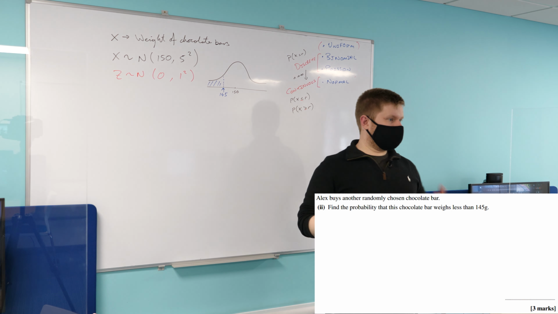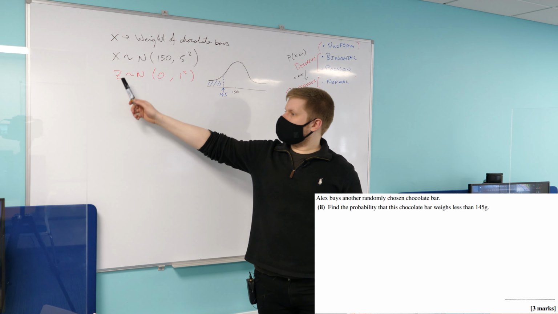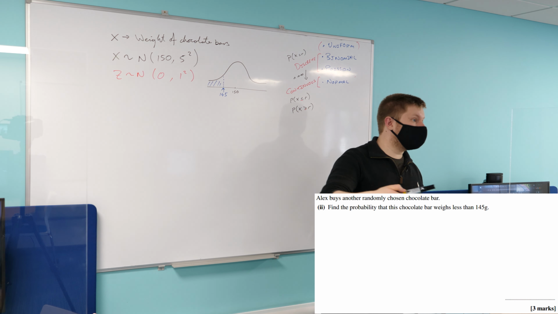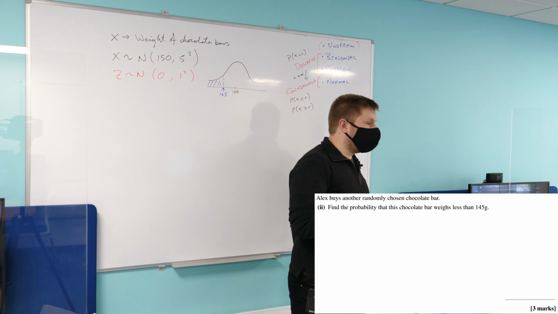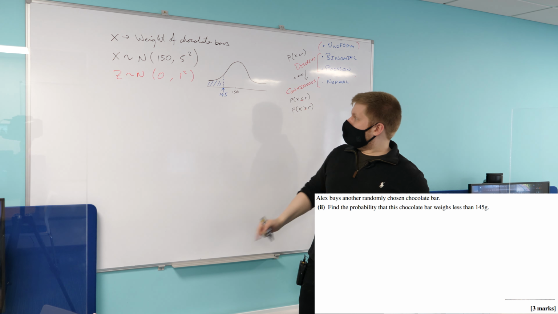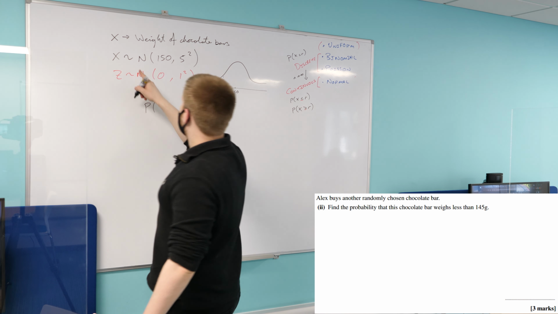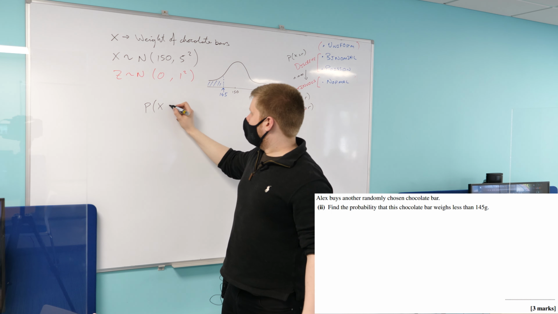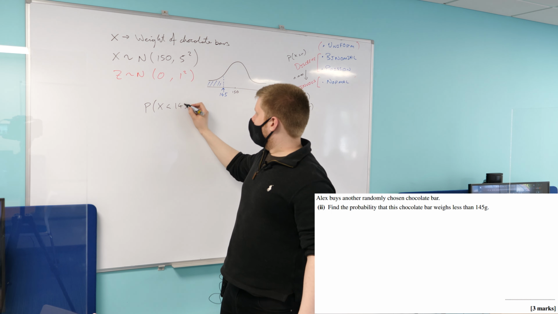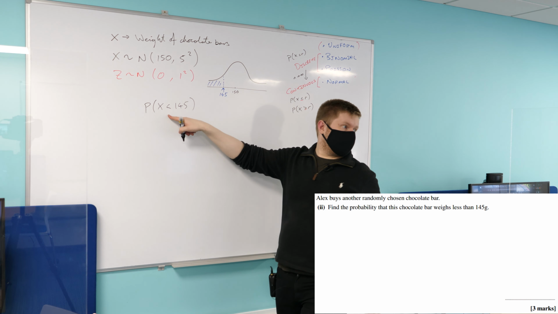So that's how we change it, and we call that process of taking this distribution to this distribution standardizing. The reason being is because there are tables that we can use to figure out what those values are, okay? So if we want to find the probability that our randomly chosen chocolate bar, which is following this distribution, so X, is less than 145, you notice in this case it doesn't matter whether it's less than or equal to, right?